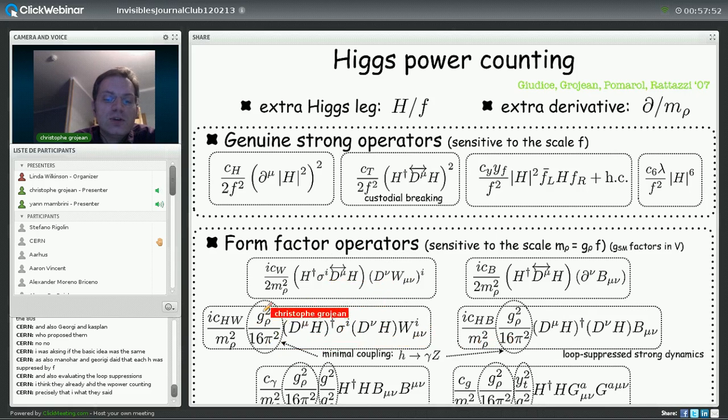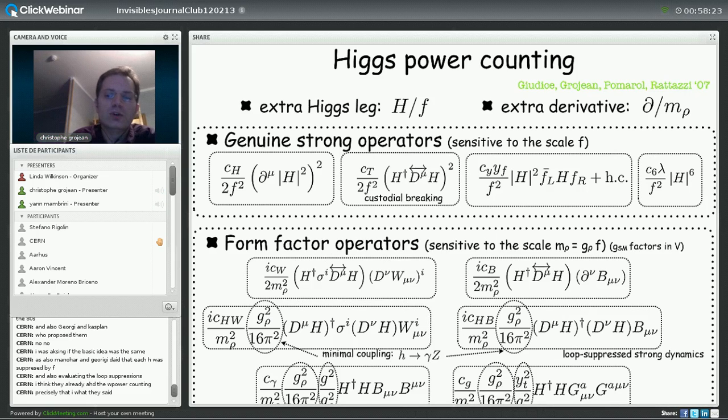If g star is equal to 4 pi, then this loop suppression factor becomes of order 1, and then you don't see this particular suppression. While here you have really an interpolation between weakly coupled models and strongly coupled models. So this power counting is valid whether you are dealing with a weakly coupled interaction or a strongly coupled model where g star can be bigger than 1 and still smaller than 4 pi.